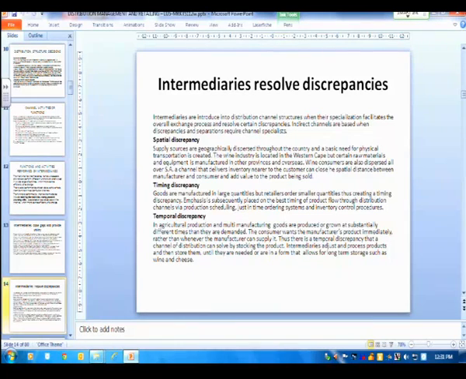Thus, there is a temporal discrepancy that a channel of distribution can solve by stocking the desired product. Intermediaries adjust and process products and then store them until they are needed or are in a form that allows for long-term storage, such as wine and cheese.